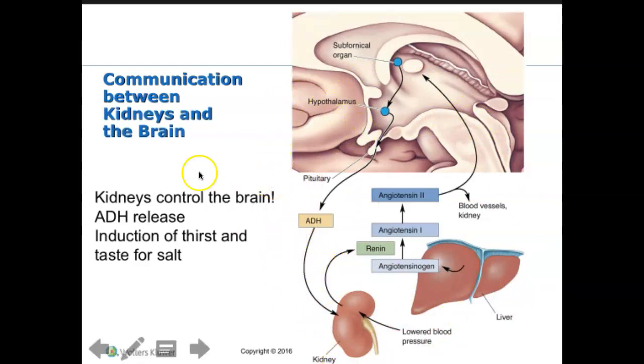Now, another thing that will happen in the hypothalamus as a result of this loop is that angiotensin II is going to act on the hypothalamus to activate the hypothalamic nucleus that's responsible for the thirst response, which is simply seeking water, getting yourself ready to drink, and then drinking. Okay, so that's what's going to happen.